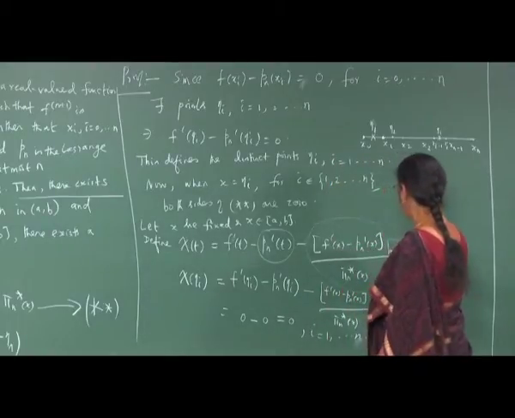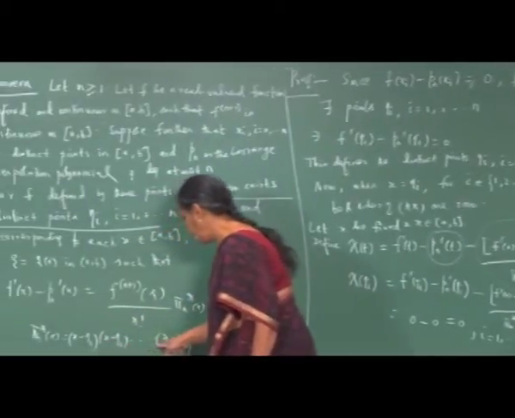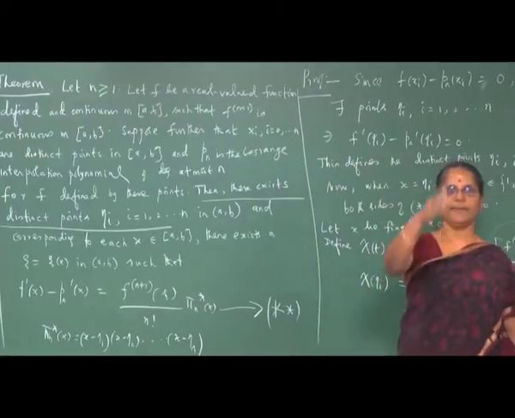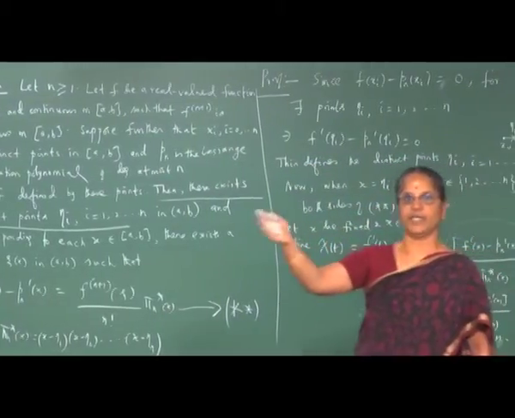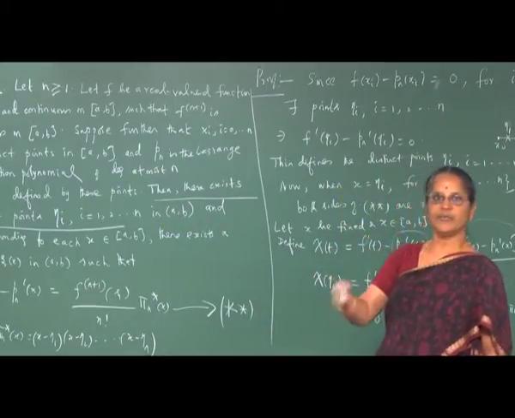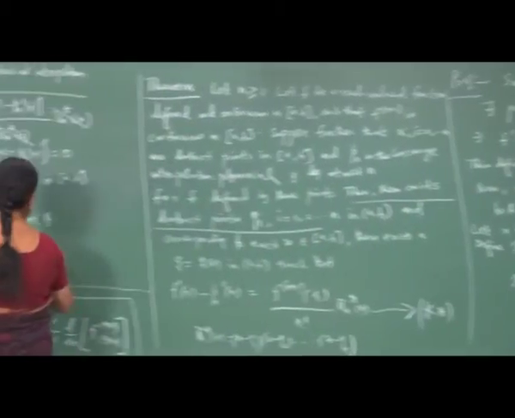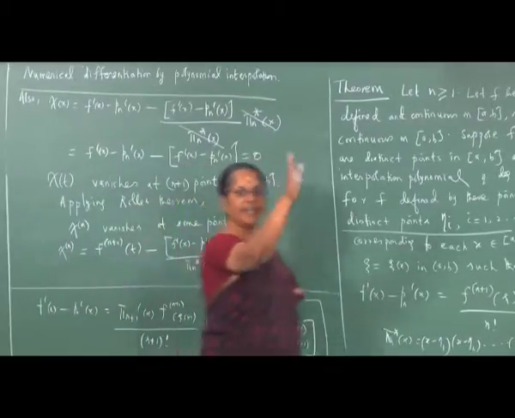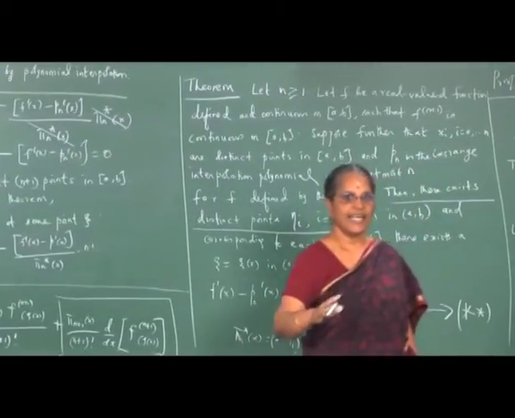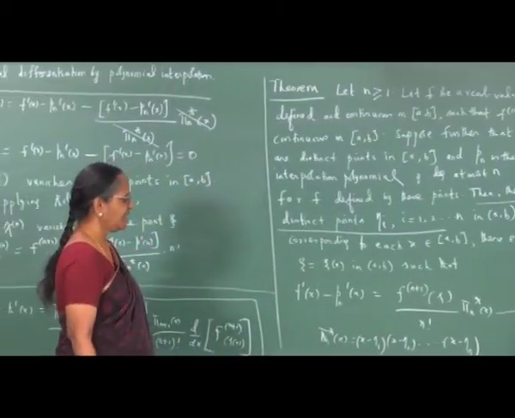So, what will be the nth derivative? Pi n star of t will be t minus eta 1, t minus eta 2, etc., t minus eta n. So, it will be of the form t power n plus some coefficient into t power n minus 1 plus etc. So, when you take the nth derivative of the first term t power n, that will give you n factorial. The nth derivative of the next terms which appear there, they are all of degree less than n, and therefore, they will not contribute to the nth derivative.